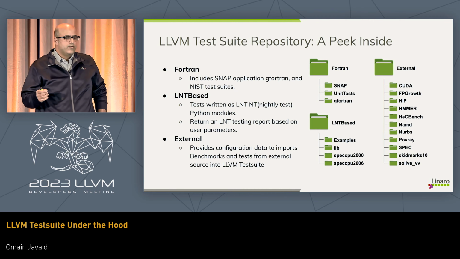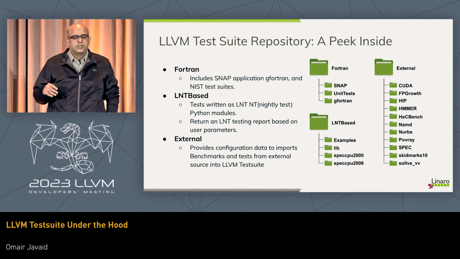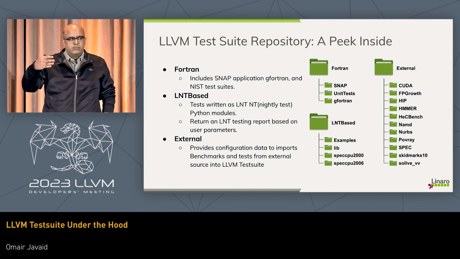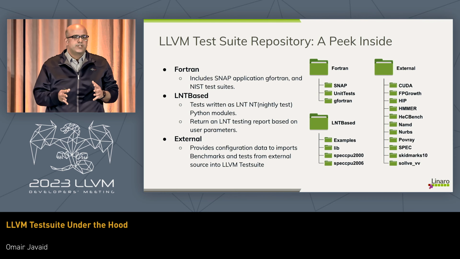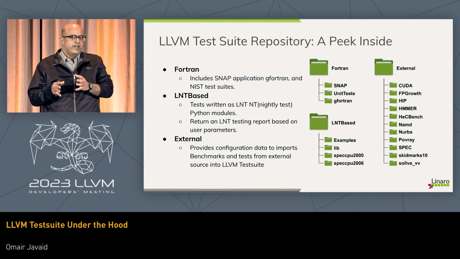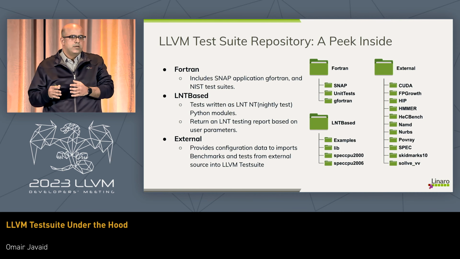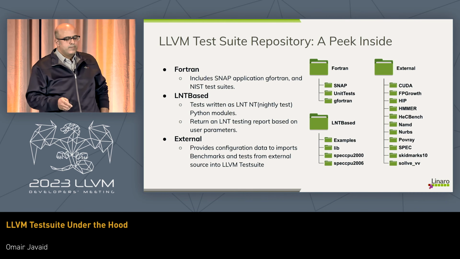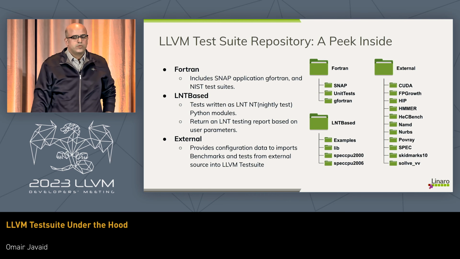So we have a mechanism within external where we have all the infrastructure in place, and you just have to provide a folder containing the benchmarks with the licenses that you have purchased, and it can then run the benchmarks from there. So the external folder is for those types of tests.